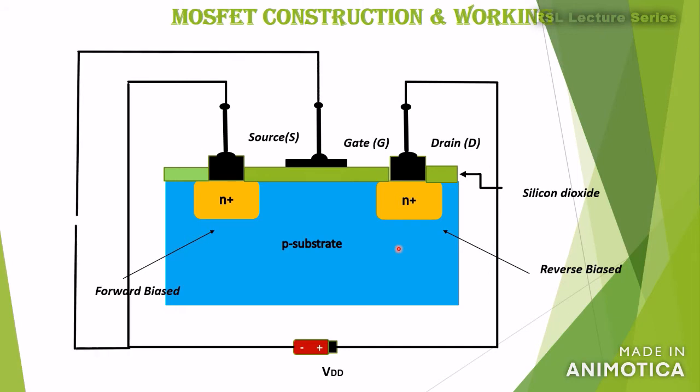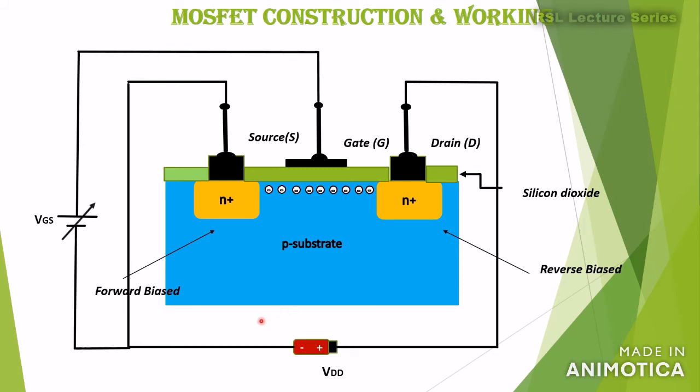Now we apply another voltage across gate and source, with the gate made positive with respect to the source terminal. This is the gate source voltage, which is a variable voltage. If we vary the gate voltage, electrons from the p-type substrate will get deposited under the silicon dioxide layer.